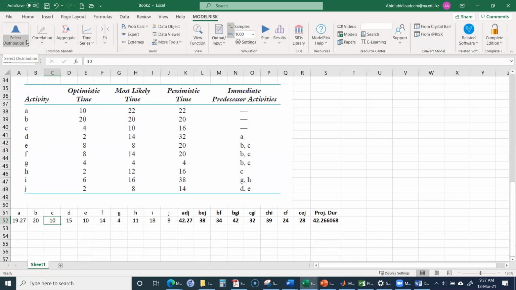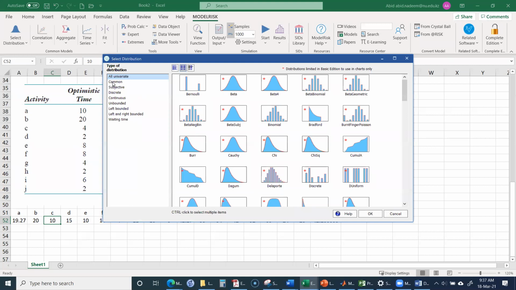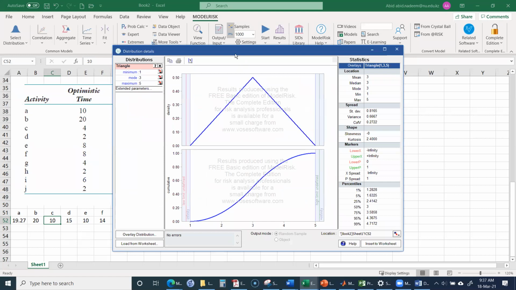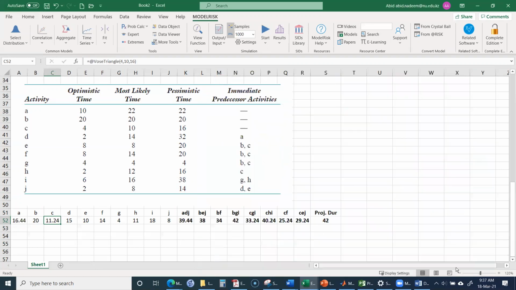Select the triangular distribution, then enter 4, 10, 16, and then insert. So it will be 4, 10, 16.